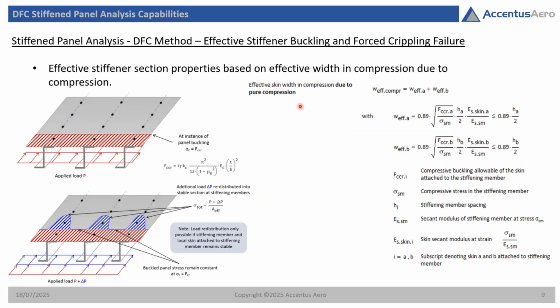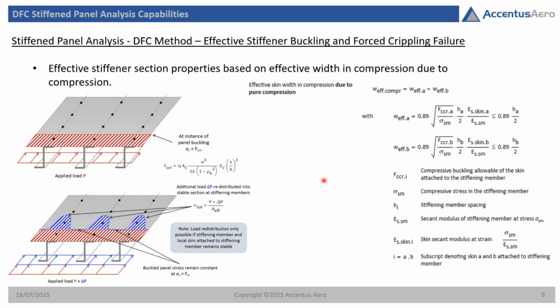Then in terms of getting our allowable loads, we look at the effective stiffener buckling and force crippling failure, in terms of our column buckling data, to get the effective section properties. In compression, at the instance of buckling, we have a uniform stress distribution, and post buckling, those loads are then focused where we still have stable cross sections located at the stringer locations.